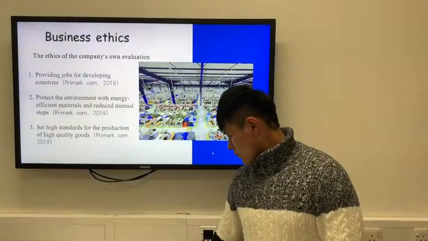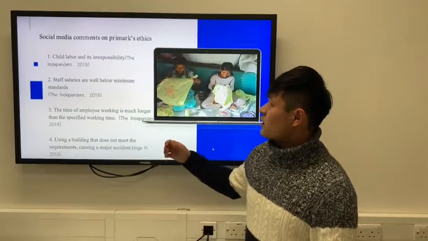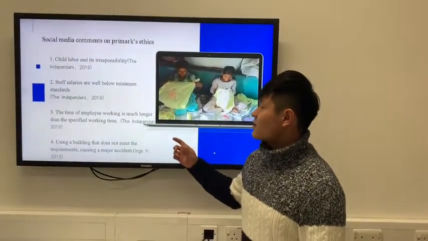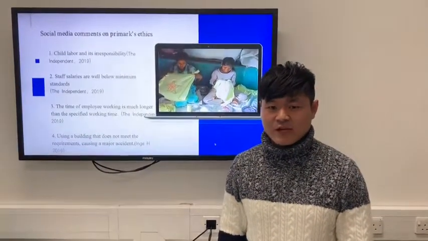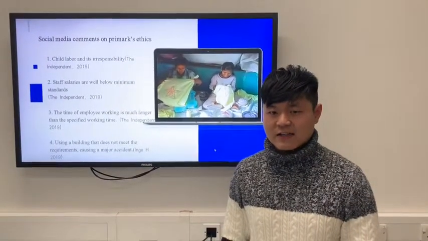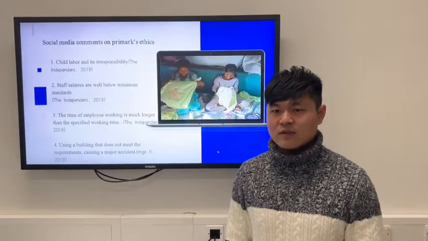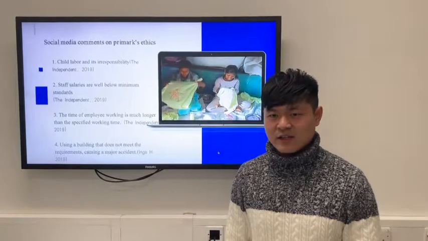This is the second part, the social media comments on PRIMARK's ethics. However, such benefits are accompanied by some very negative claims related to unethical labor practices.